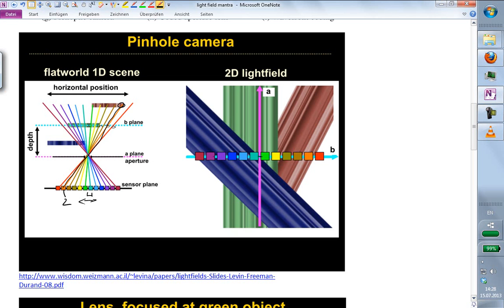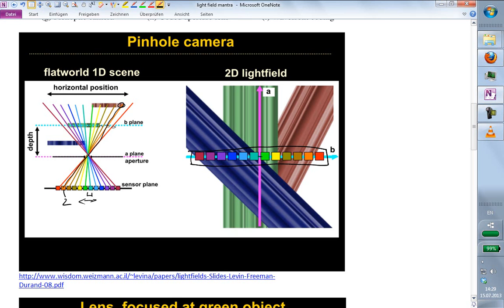So our pinhole camera samples the light field in this direction here, always integrating a little. So in that sense, smoothing a little the true light field that we see. And everything is equally well in focus.